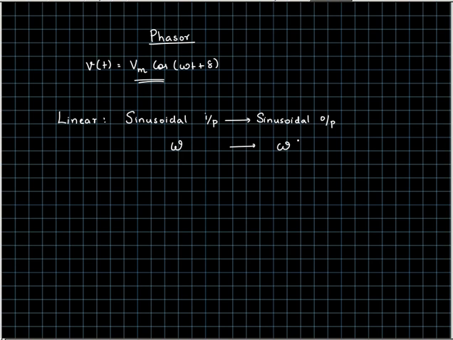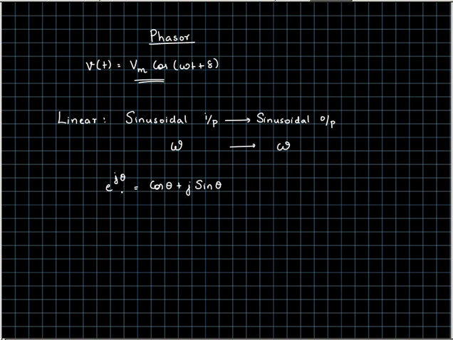So, let us look at what the Phasor representation is. The whole idea is based on Euler's relation, which says that e^(jθ) can be represented as a complex quantity cos θ + j sin θ.